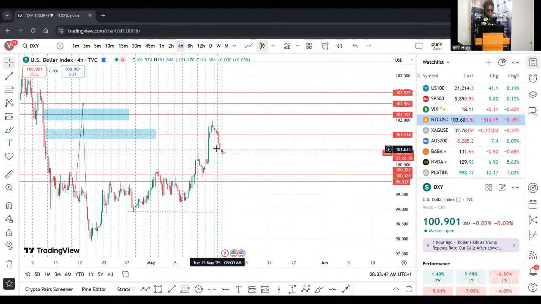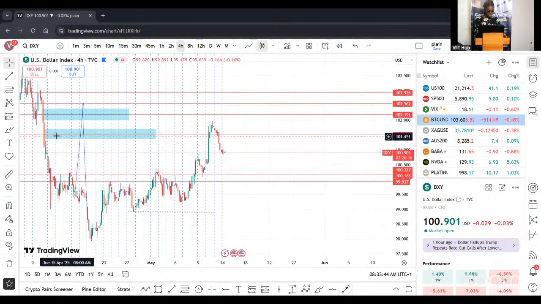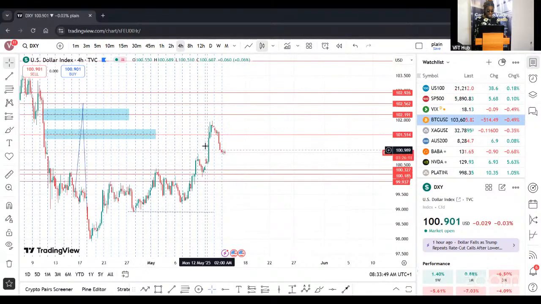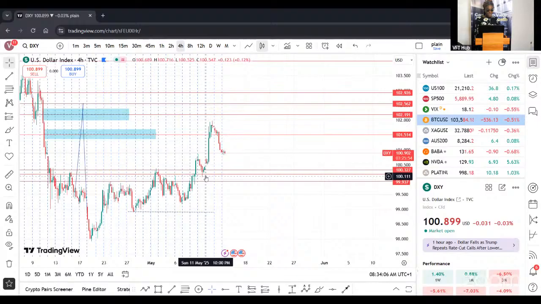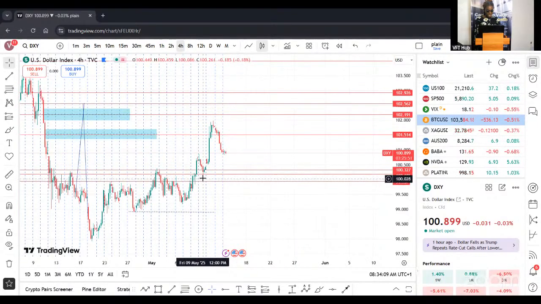On the 4-hour time frame, price has fully traded into our point of interest, this fair value gap right here. Price hasn't really tapped into a second point of interest, but on tapping into this level we're seeing some reaction to the downside. I'll be interested in taking the sell on the DXY when I see price taking out this very low right here at 100.088.